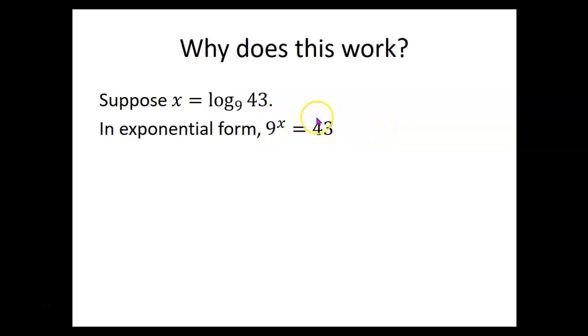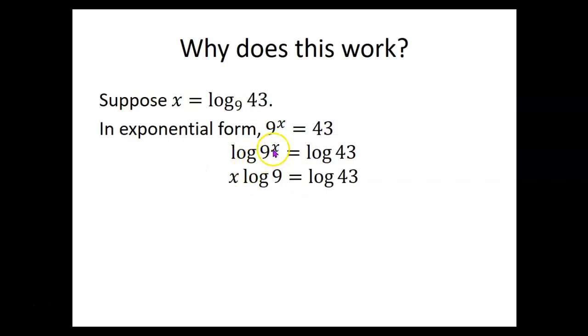So take this equation and take logarithms of both sides. If 9 to the x equals 43, that means that the log of 9 to the x has to equal the log of 43. Now that third property from our list of properties says that the log of something to a power is equal to the power times the log of the something. So now we have x times the log of 9 equals the log of 43.